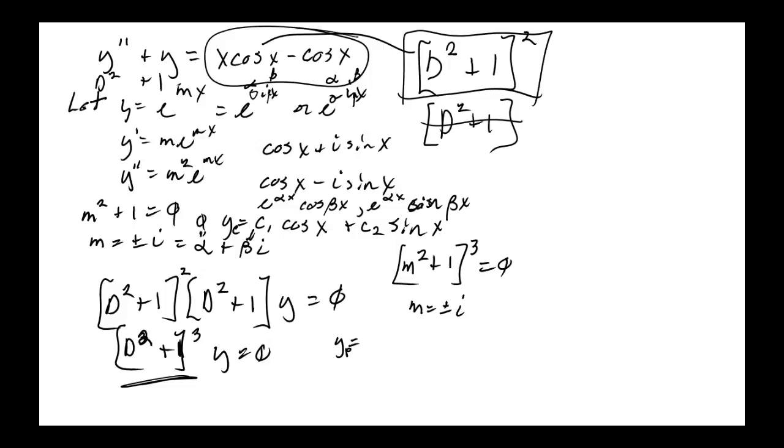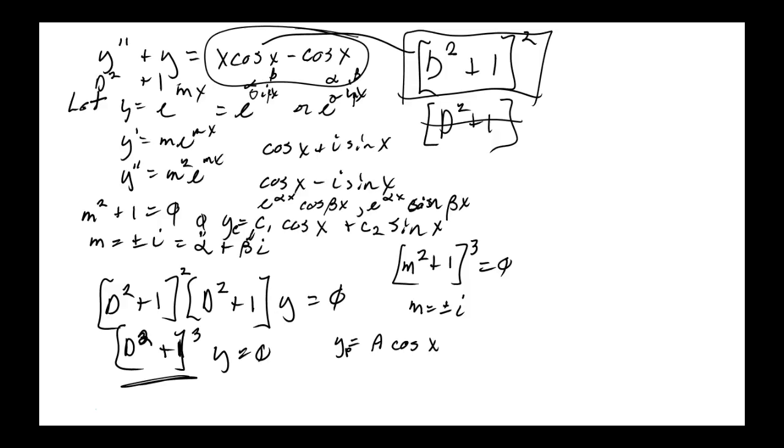So the first term in the particular solution, coefficient capital A, would be cosine x, plus B times x cosine x.